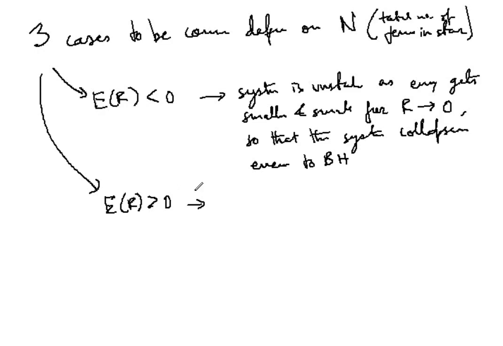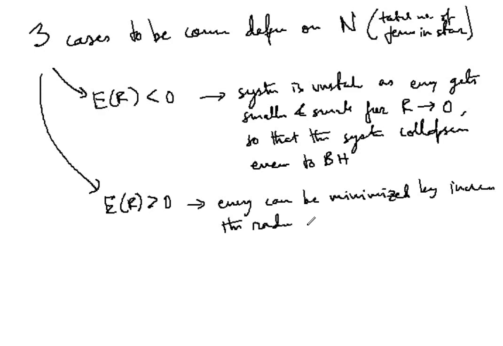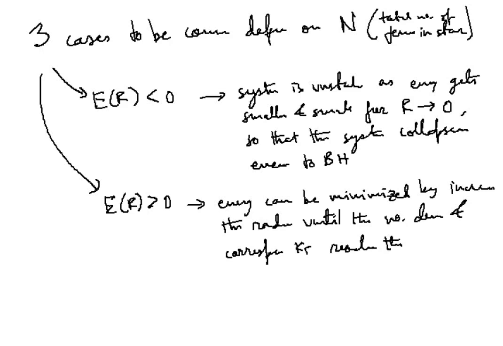Now in this case the energy can be minimized by increasing the radius until the number density and correspondingly the Fermi momentum reaches the non-relativistic region of a Fermi fluid.